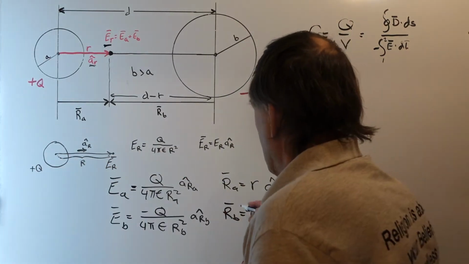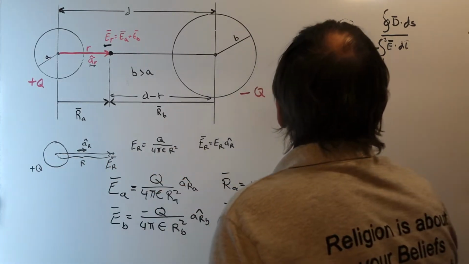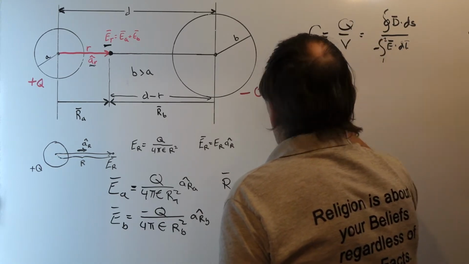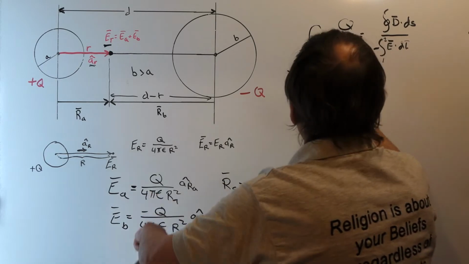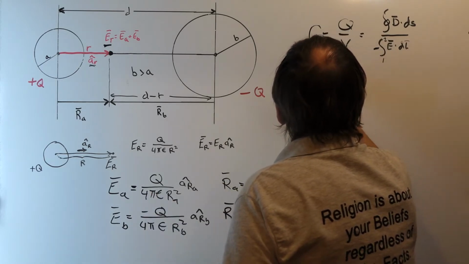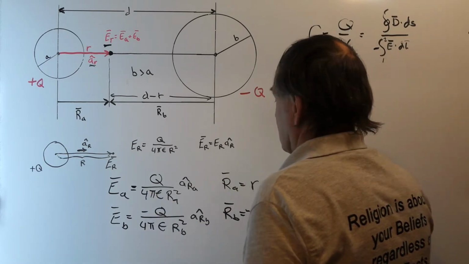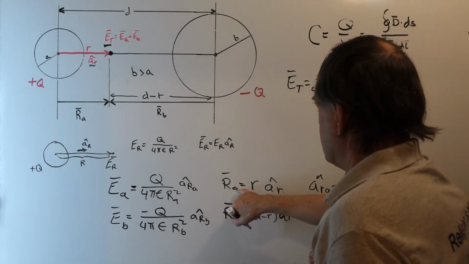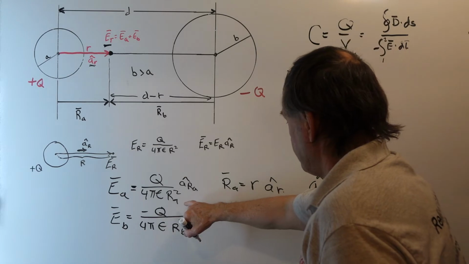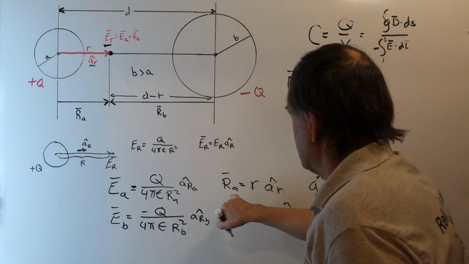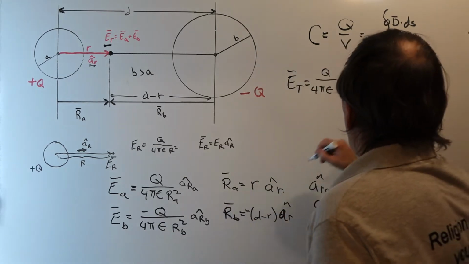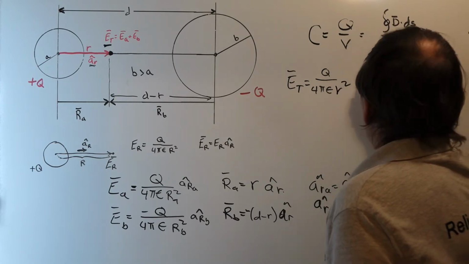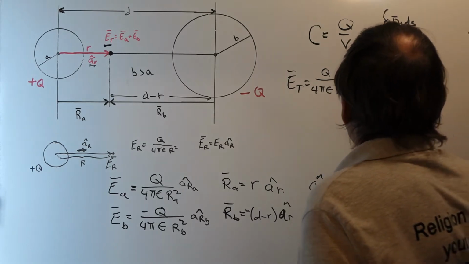So, combining, ET is Q over 4 pi epsilon R sub A squared, where the magnitude of R sub A is little r, so this is r squared in the a sub r direction.